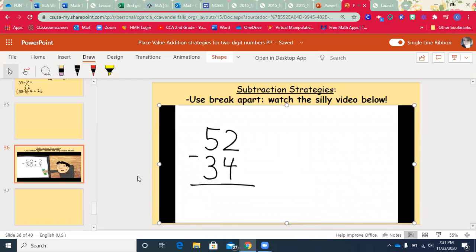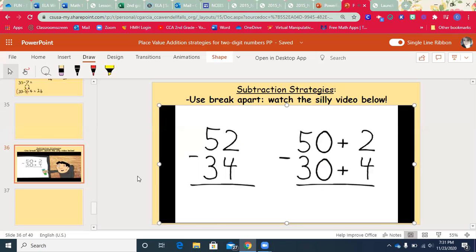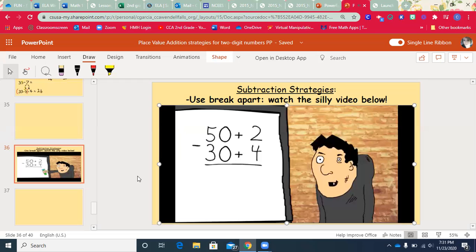First, I'm going to separate the tens and ones from 52. There's 5 tens, so that's 50. Then 2 ones. Next, I'll take the 3 tens out of 34, which is 30. Then I'll take the ones out, which is 4. Now, I'm going to start with the ones place and subtract them. What about the 2? You can't take 4 things away from 2.